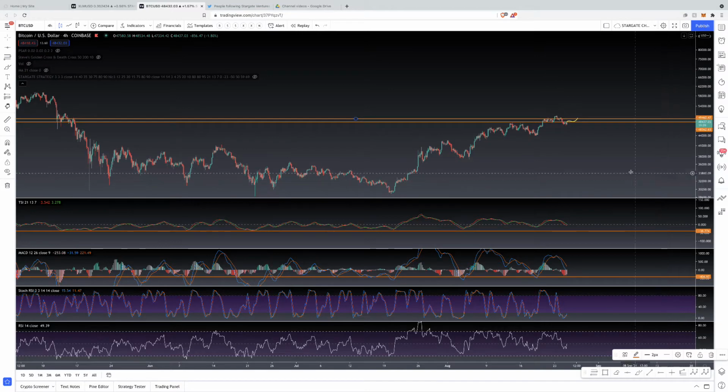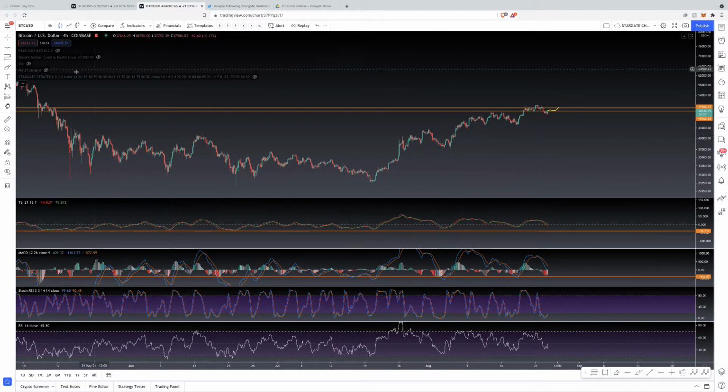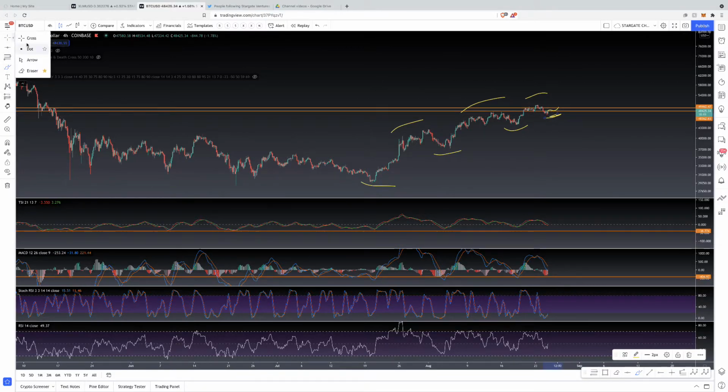Right now nothing's changed really, because we have a low here, high, higher low, higher high, higher low, higher high. Right now we're making a higher low. So that's what we're watching out for. Plus with the trend line right here, see?